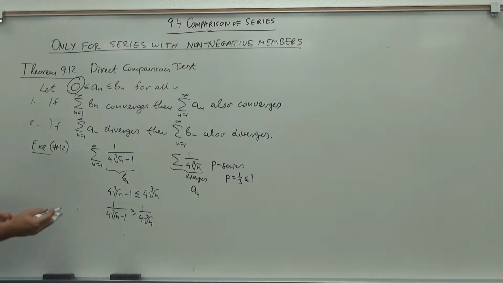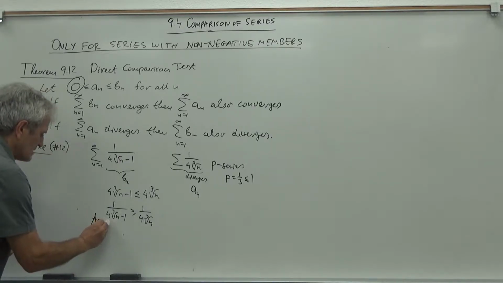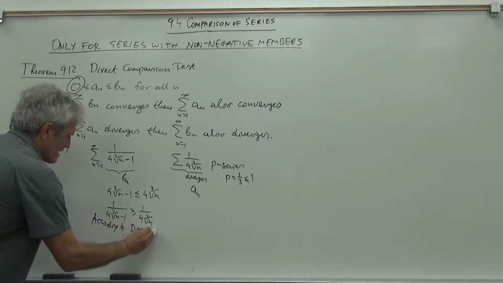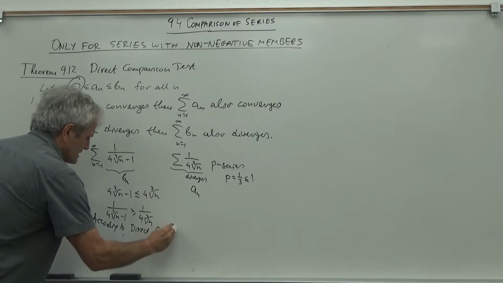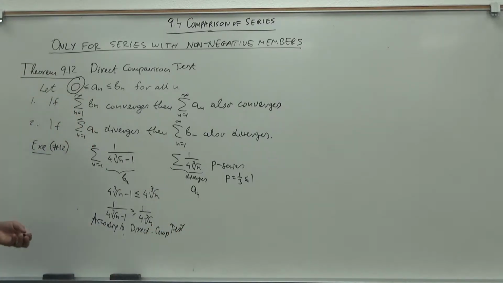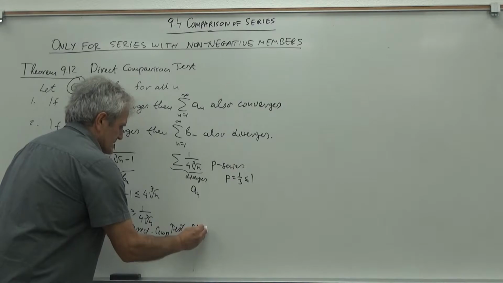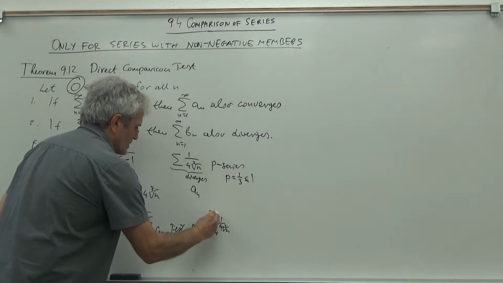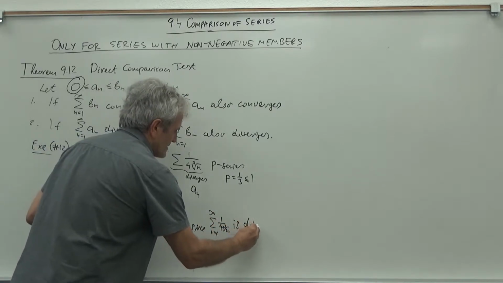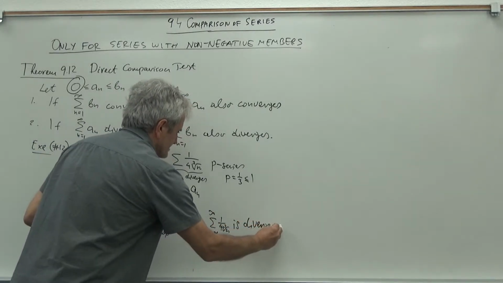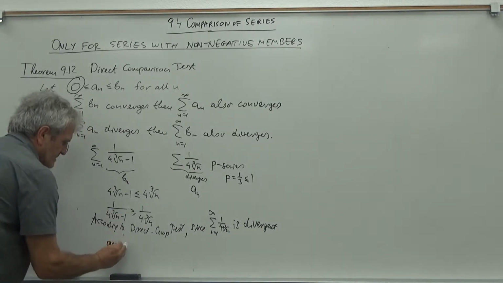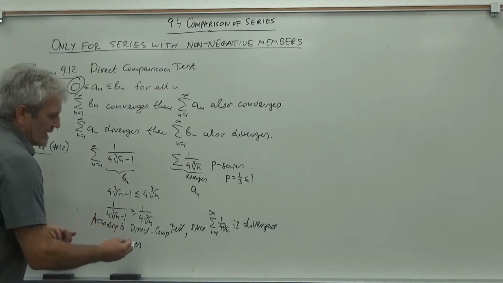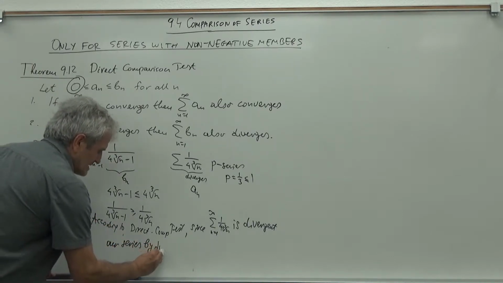So now the sentence comes: according to the direct comparison test, since the sum of 1 over 4 cube root of n, n goes 1 to infinity, is divergent, our series is also divergent. Yes? Maybe we can add more definition by dominating it.